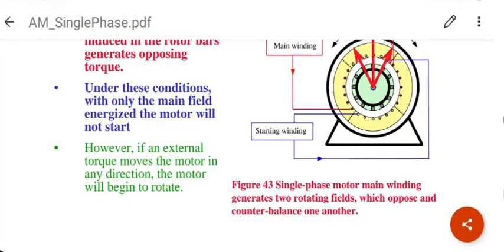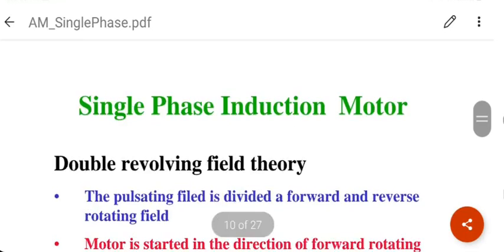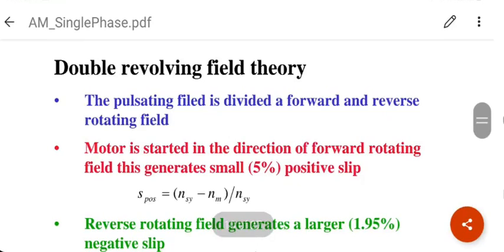Of course, they are saying if an external torque is involved, then also you can start the rotor. But we avoid that in real life, especially for refrigerators, ceiling fans, etc. We use an electrical solution. So the pulsating field is divided into this. Forget about this equation. This is simply slip anyway.